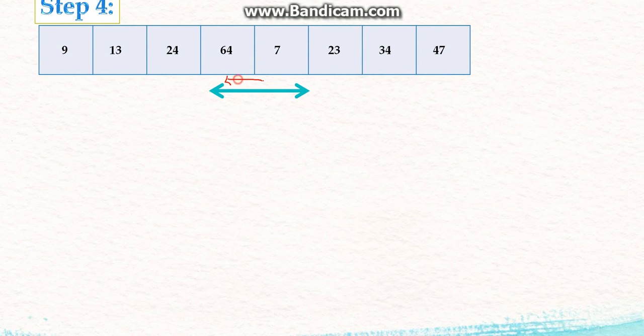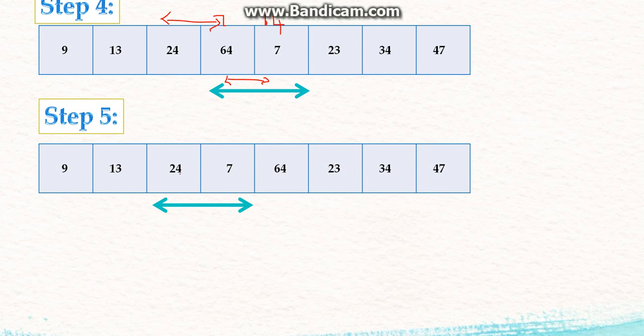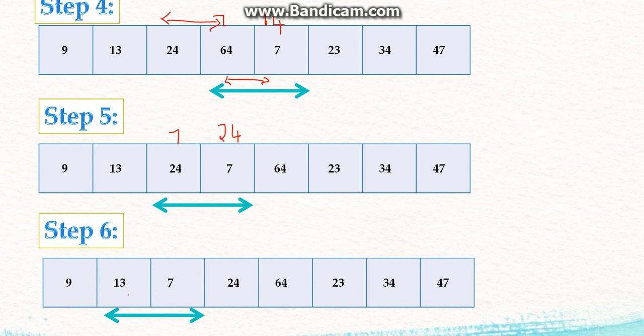comparing 64 and 7. Comparing 64 and 7, 7 will move here and 64 will be here. It is very clear that 24 and 7 are not sorted. So 24 and 7 I am comparing, so that 7 will be here and 24 will be here. Again it is not sorted.